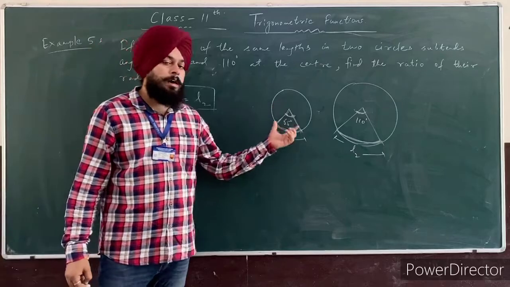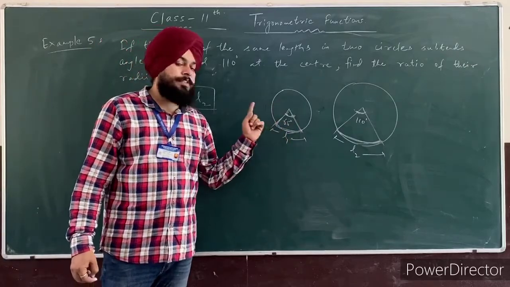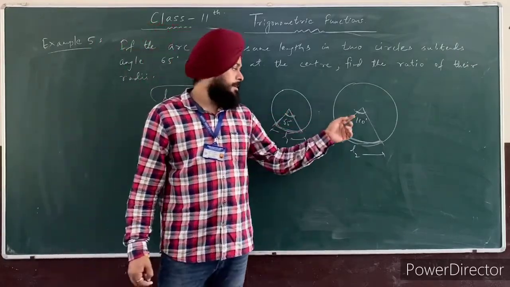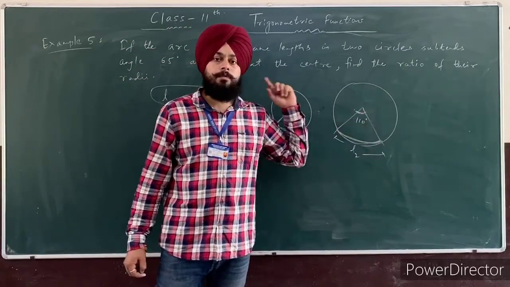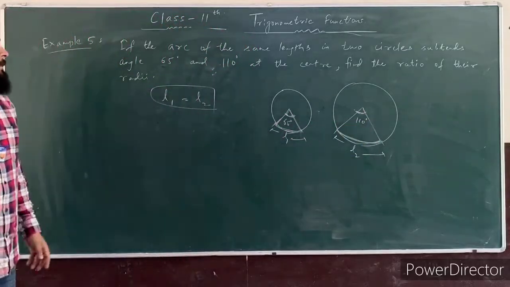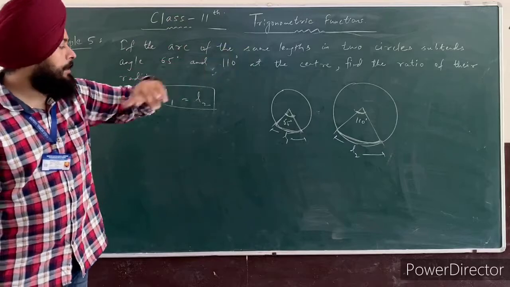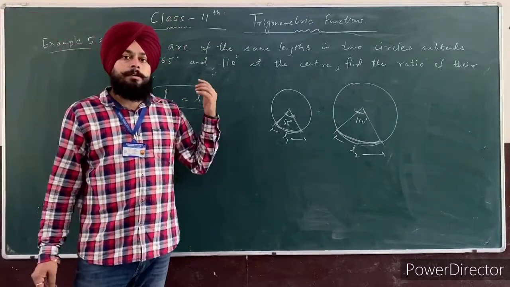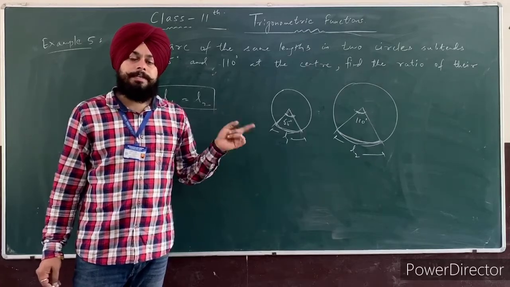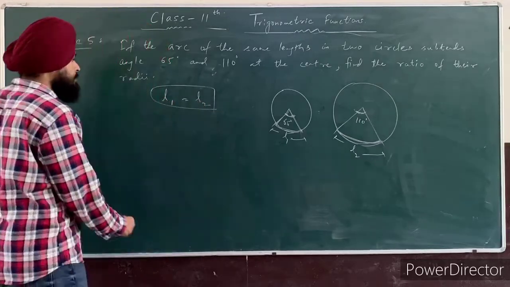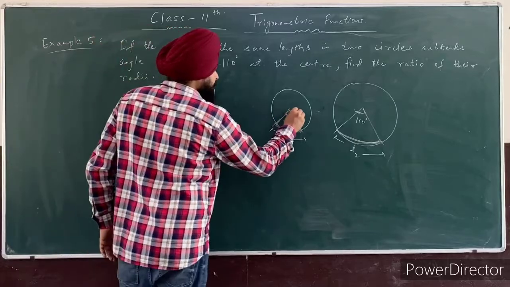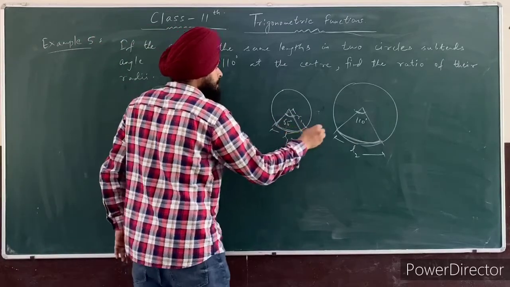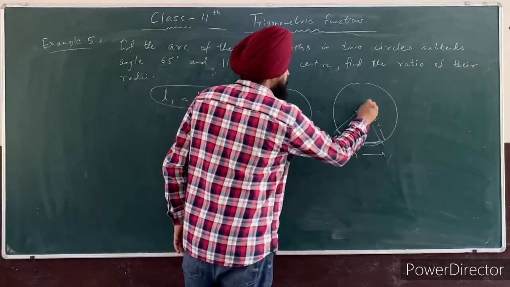We have to find the ratio of their radii. मतलब सिर्फ दोनों सर्कल्स की रेडियस की रेशियो फाइंड करनी है. So take the radius of the first circle R1 and the radius of the second circle R2.